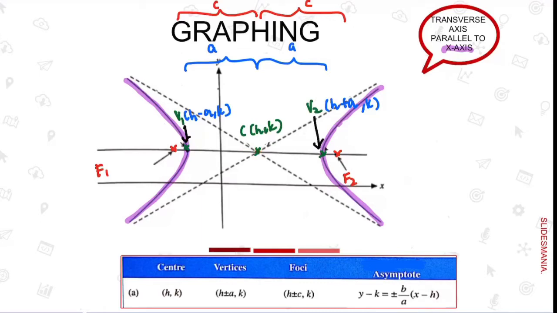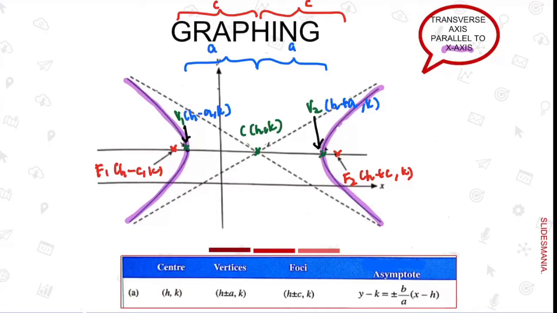Therefore, the coordinate of F1 will be (h minus c, k), and the coordinate of F2 will be (h plus c, k), because you have to go to the right. So we have done with that.